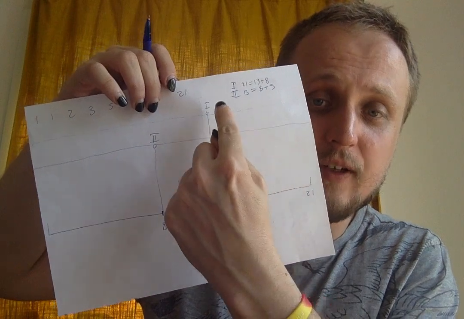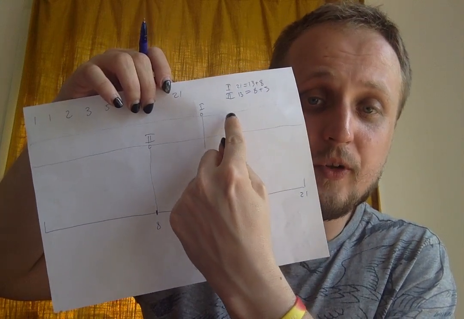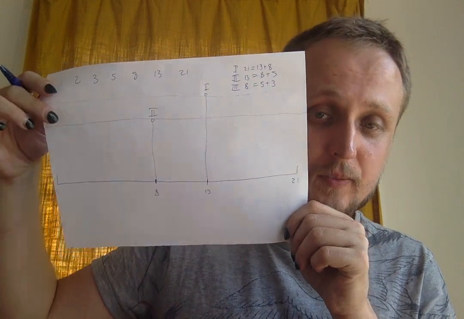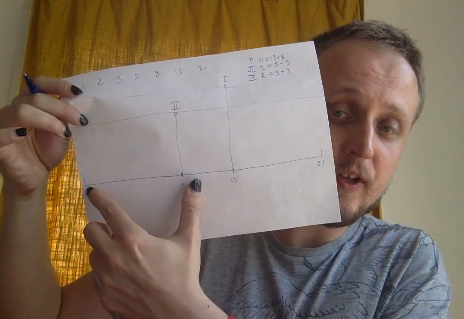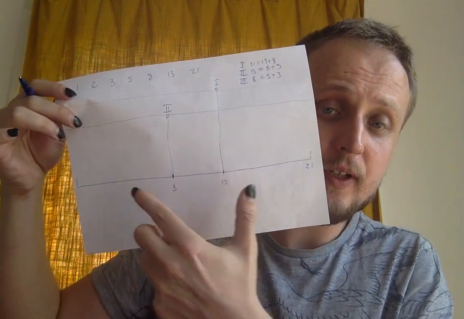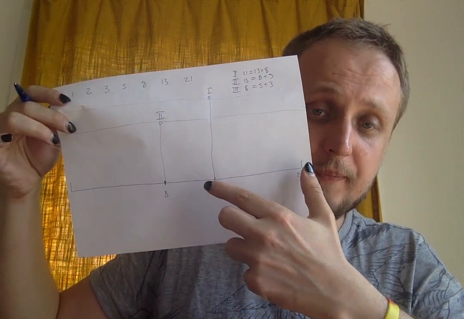If I go down a level to level 3, where 8 is 5 plus 3, then there are actually 2 spots that I can put it on my diagram. This is 5 plus 3, this is 8, this is 5 plus 3, and this is 8, this is 5 plus 3. So I'm going to put that in.